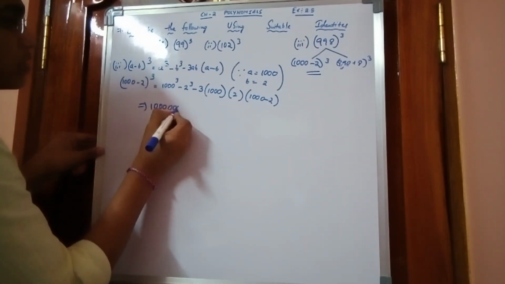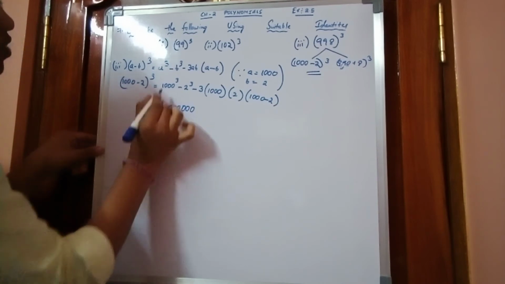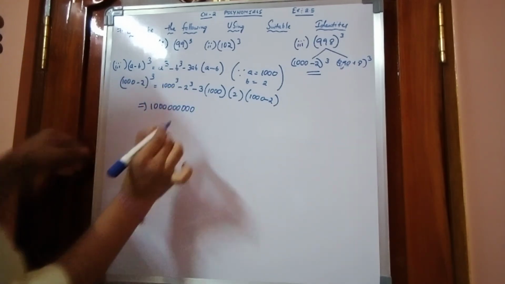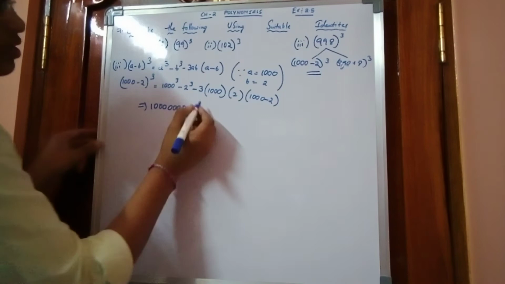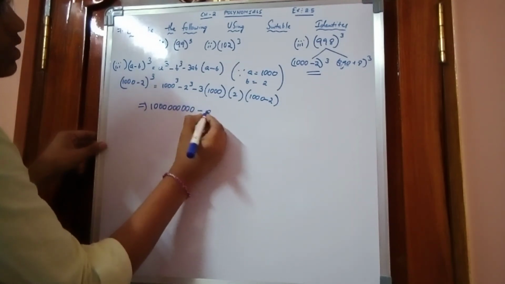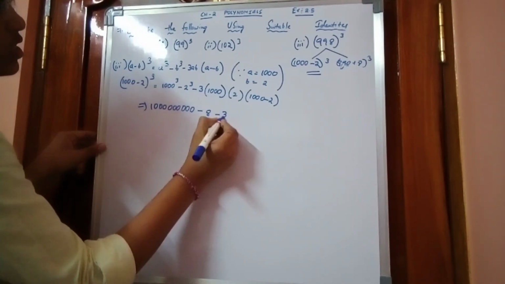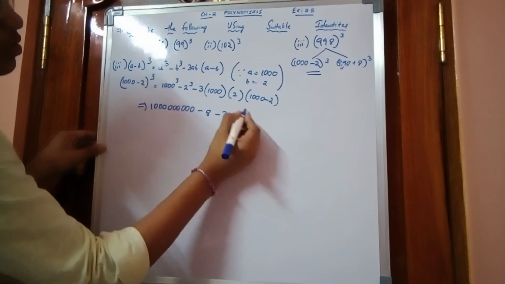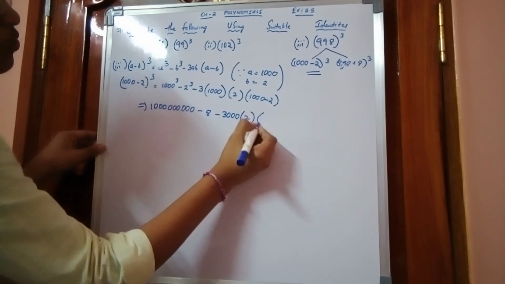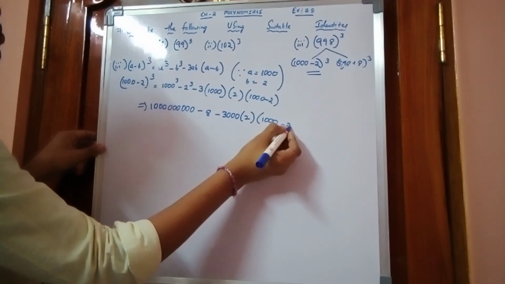So 1 2 3 4 5 6 7 8 9. So 1 and 3 3 3, so 3 plus 3 plus 3 is 9. So minus 2 cube is 8. Minus 3 into 1000 is 3000, 3000 of 2 of 1000 minus 2. So now multiply.